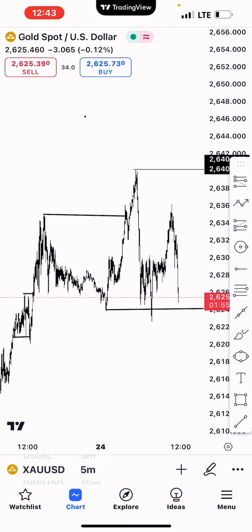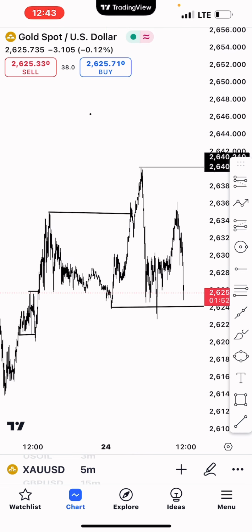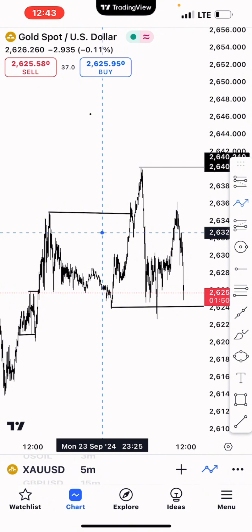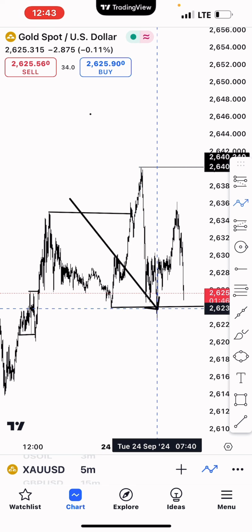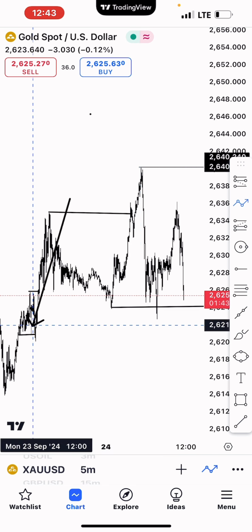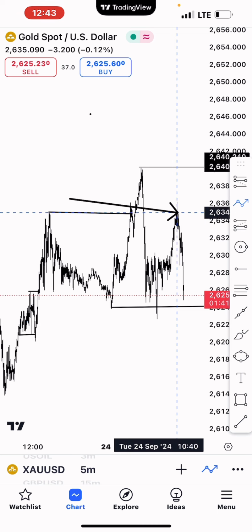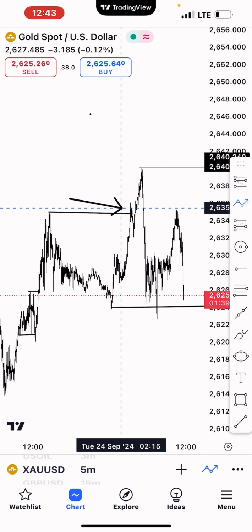Then it came back after hitting the high of 240, swept that structural liquidity, and tapped into our POI, and I saw that as an opportunity to buy.